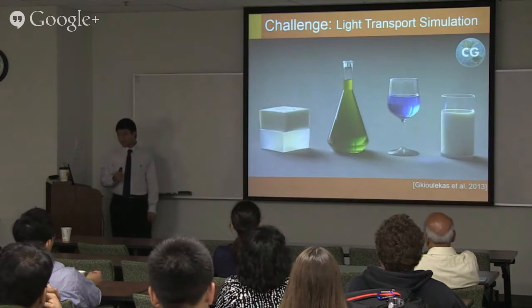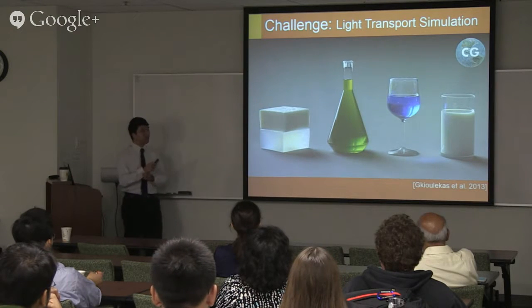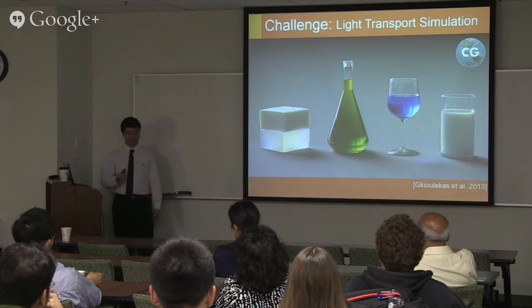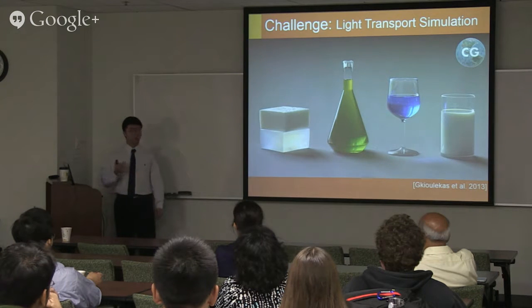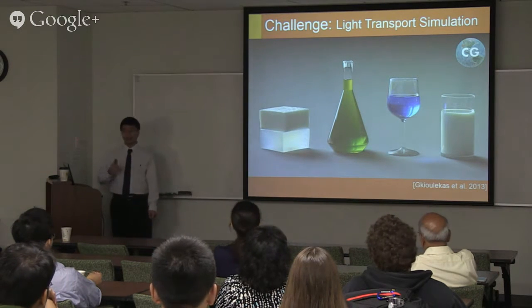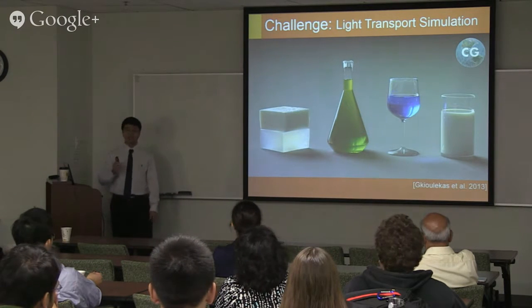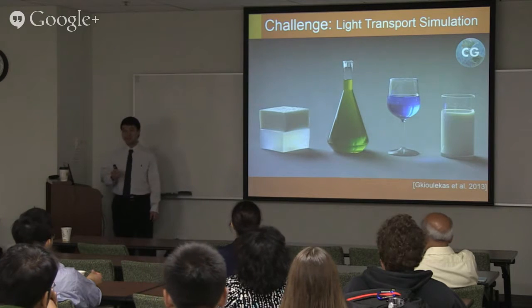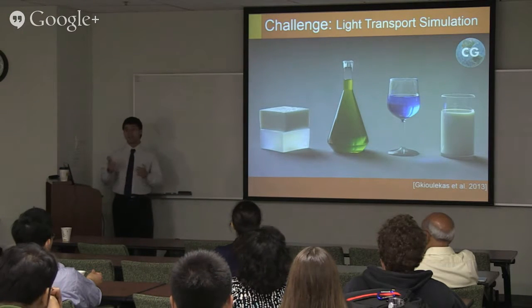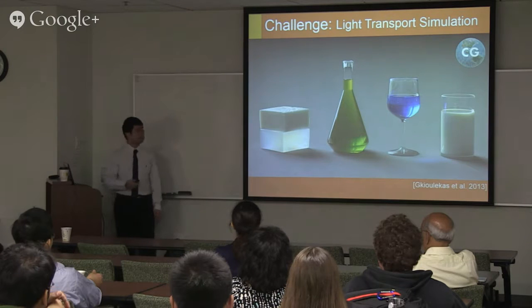So let me tell you a real story here. I worked on a research project, collaborated with researchers from Harvard, where we needed to render this image. Because the main focus of this project is physical accuracy, we decided to use the most brute force rendering algorithm so that we have the fewest possible approximations.